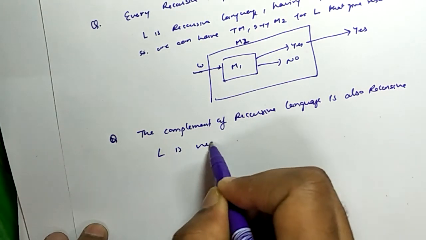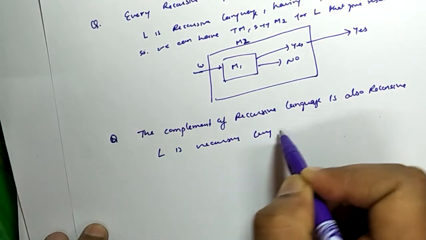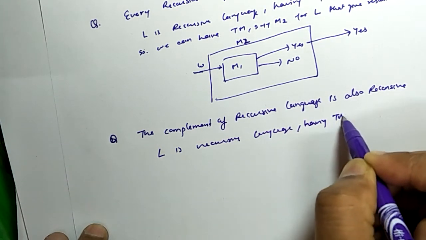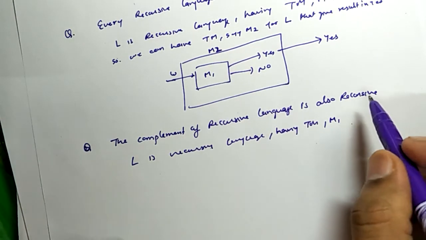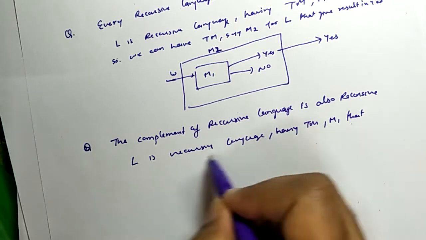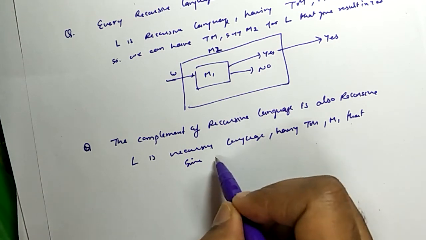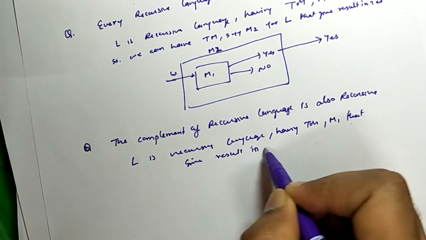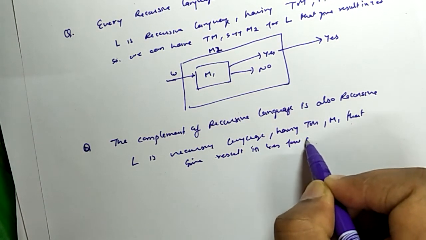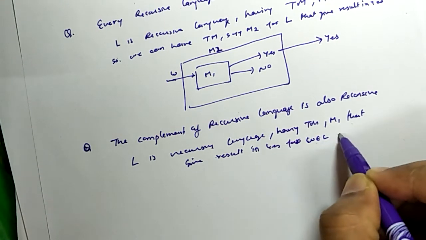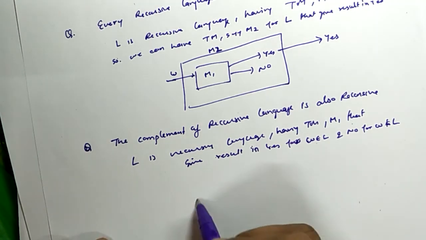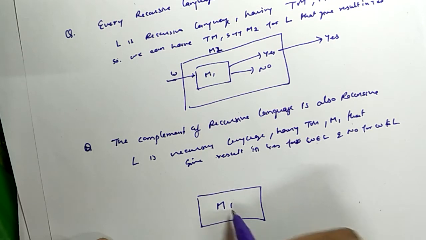L is a recursive language having a TM M1 that accepts, or gives the result, in yes for W belonging to L and no for W not belonging to L. So we have a Turing machine M1.